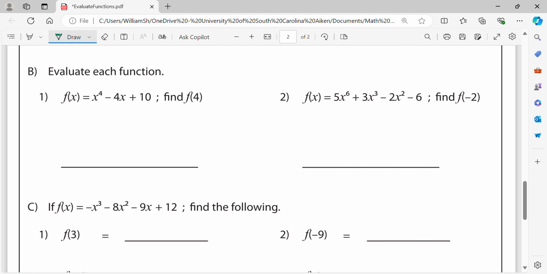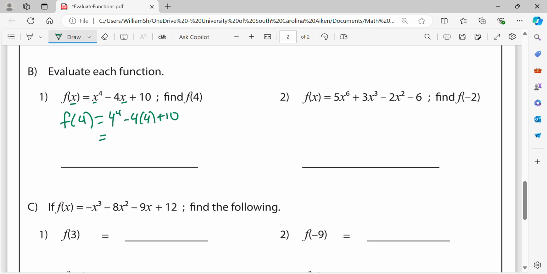Alright, evaluate each function. f of x equals x to the 4th minus 4x plus 10, and we want to find f of 4. So we're going to plug 4 in for all of these x's. We're looking at f of 4 equals 4 to the 4th power minus 4 times 4 plus 10. 4 to the 4th power, what is that?